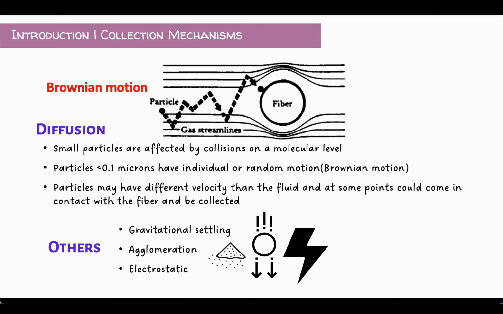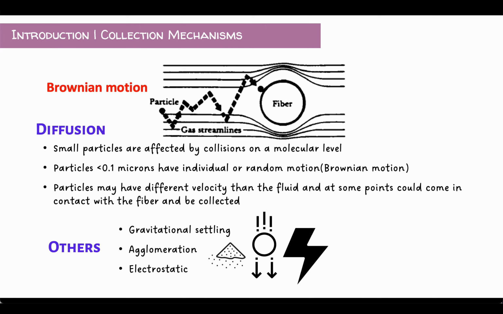Other collection mechanisms such as gravitational settling, agglomeration, and electrostatic attraction may also contribute slightly to particle collection in filter and baghouse. Large particles may be overcome by the force of gravity and settle in the hopper. Particles can agglomerate or grow in size and then be more easily collected by the fibers.